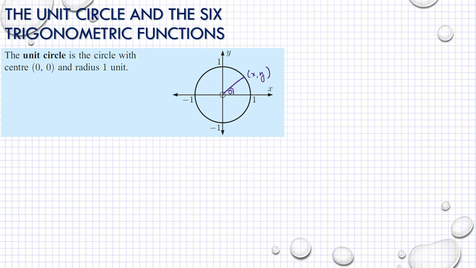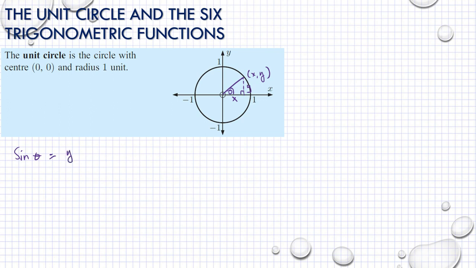So if I'm going to put a right triangle there, as you can see, this side will be your y and this side will be your x. Using the definition of the 6 trigonometric functions, we have sine theta is equal to the opposite side divided by the hypotenuse.